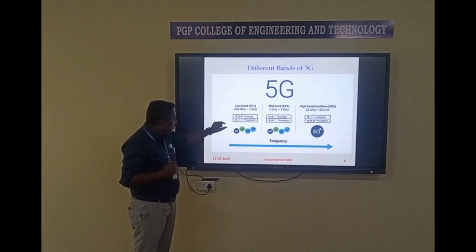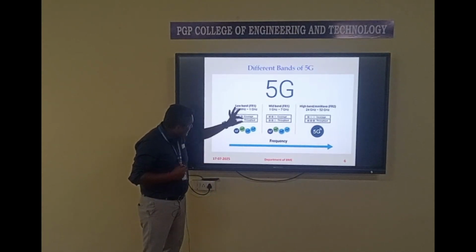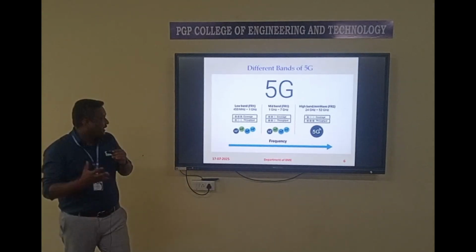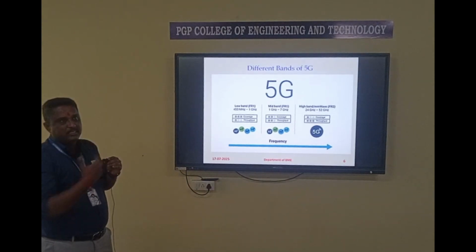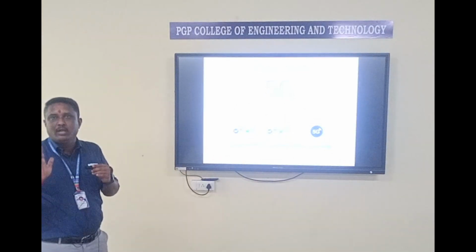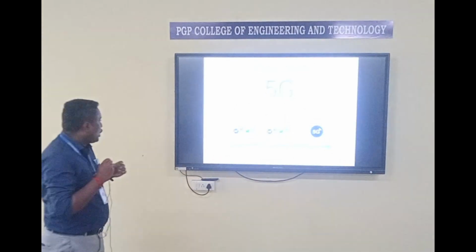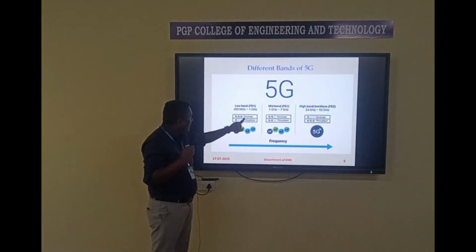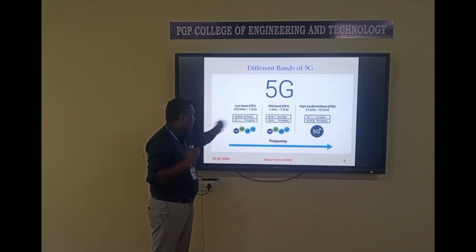So look at the diagram: coverage and throughput. For every communication, the very important parameters are coverage area and range, and also gain and efficiency. If you are using the lower band, the coverage is much higher, but throughput is very low. The frequency band used is 450 MHz to 1 GHz.